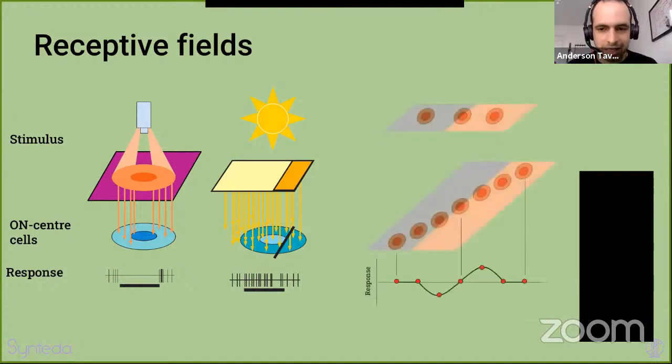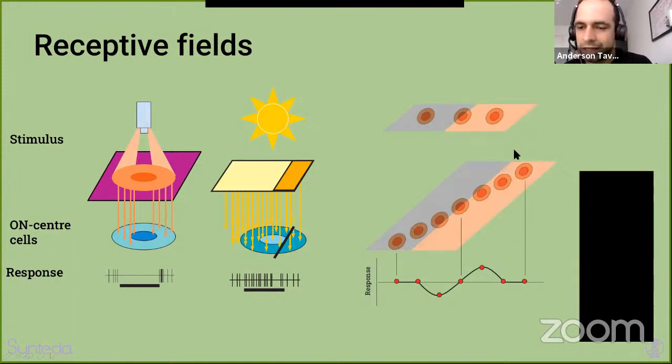So let's see. We can use that to find an edge. If we have a shadow over the complete region of the cell, it will have a baseline rate, so it doesn't send anything special to the brain. The same happens with the bright part. If we illuminate the whole cell, it will just send nothing to the brain.